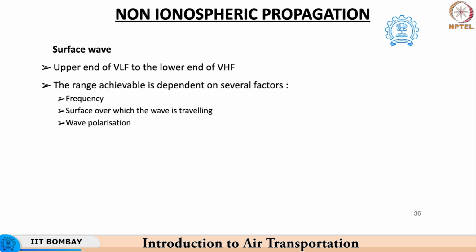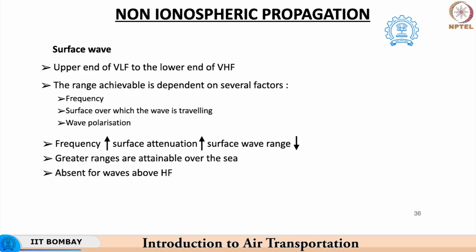The range achievable with such propagation paths is dependent on a number of parameters. These parameters include the frequency of operation, the surface over which the wave is traveling, and the wave polarization. So as the frequency of operation increases, the surface attenuation increases and hence the surface wave range reduces.